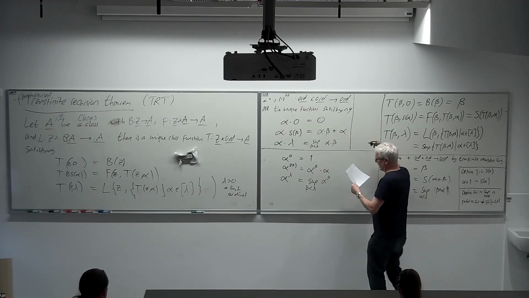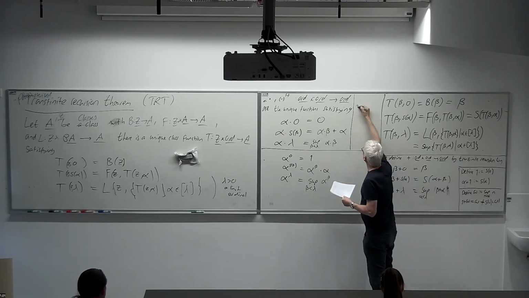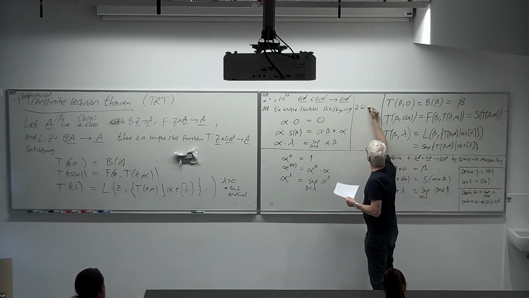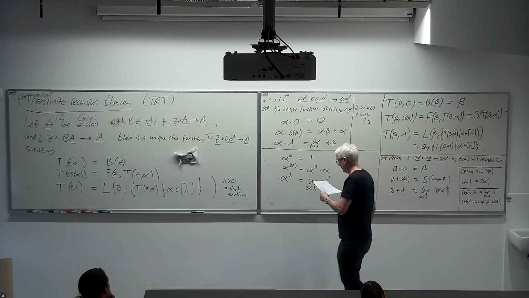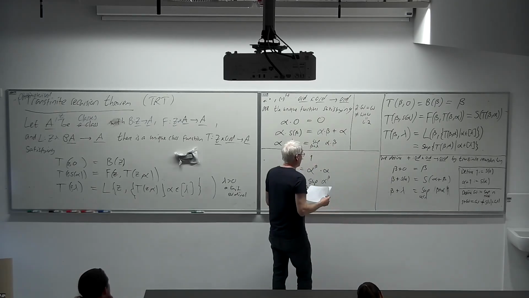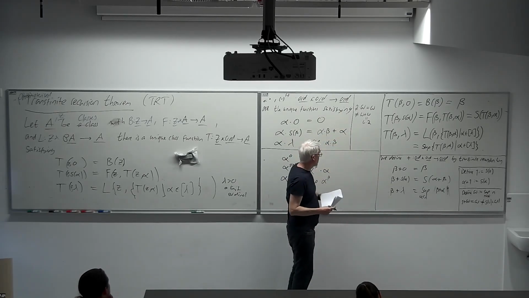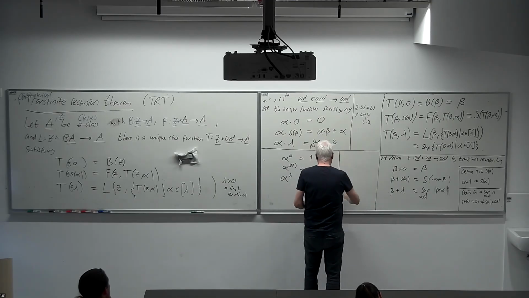So in this case, we have that 2 times omega is equal to omega, which is not equal to omega plus omega, which is equal to omega times 2. Okay, so that's the failure of commutativity for multiplication.